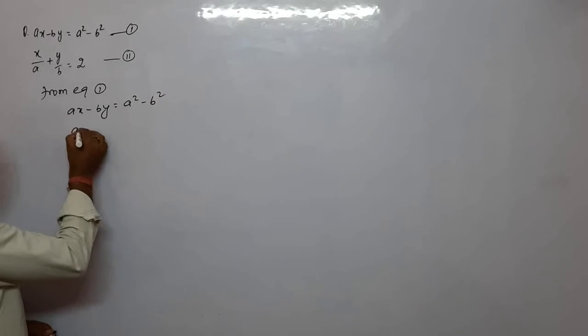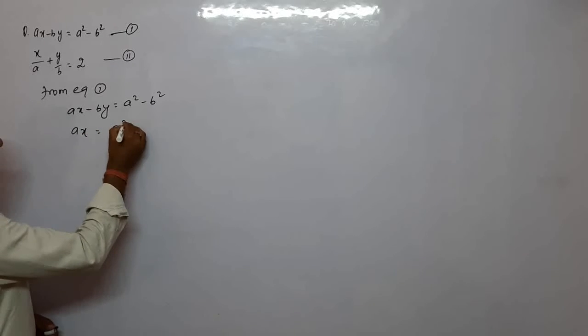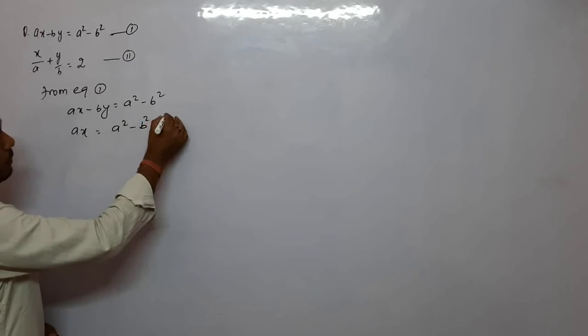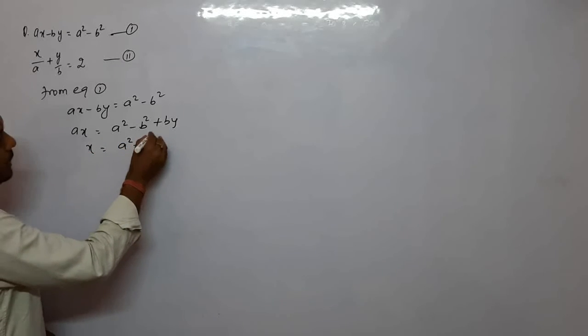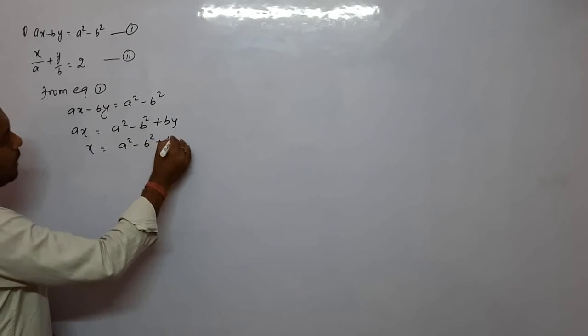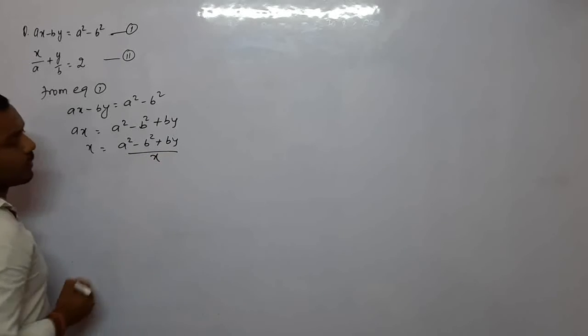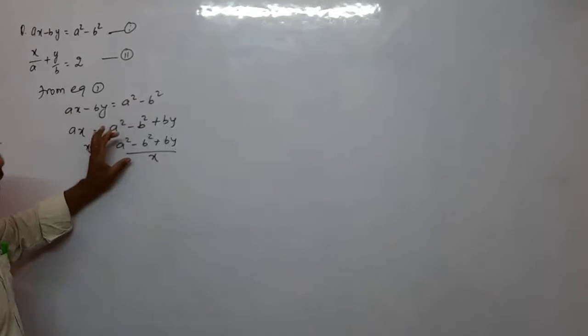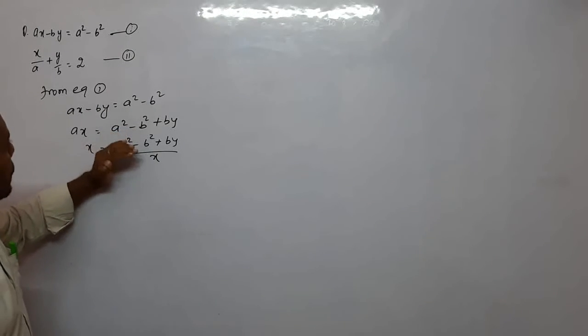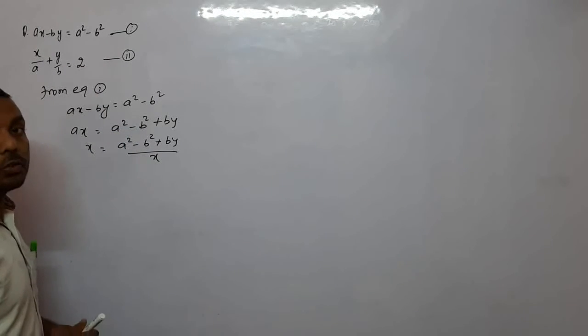For that, ax equal to a square minus b square plus by, and x equal to a square minus b square plus by, divided by a. This is the value of x that I have obtained from equation number 1, and this value we will substitute in equation number 2.